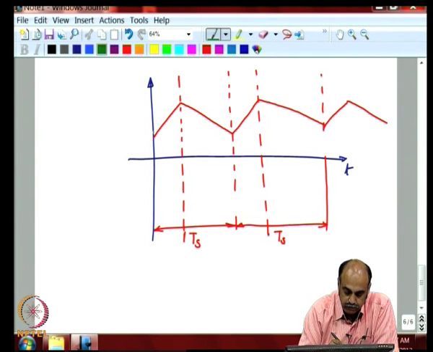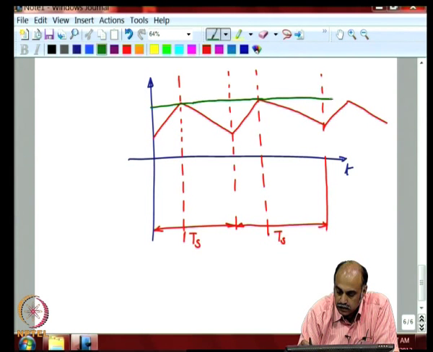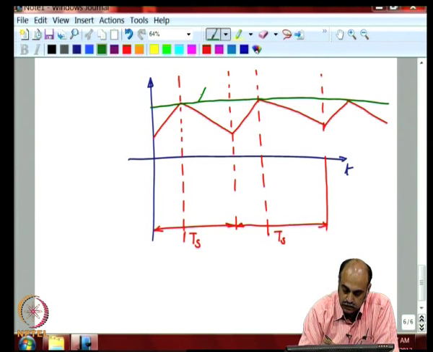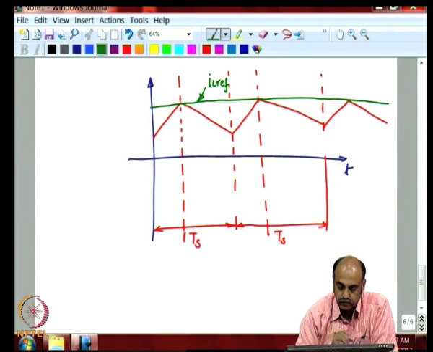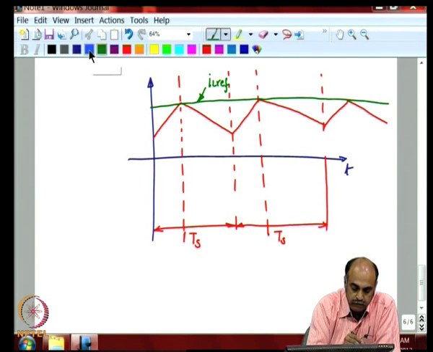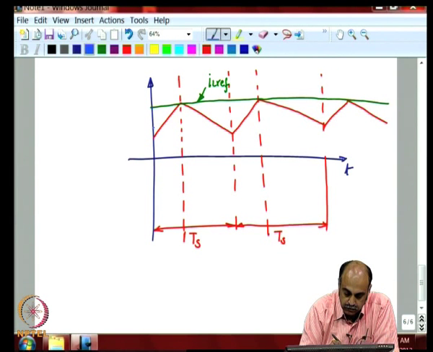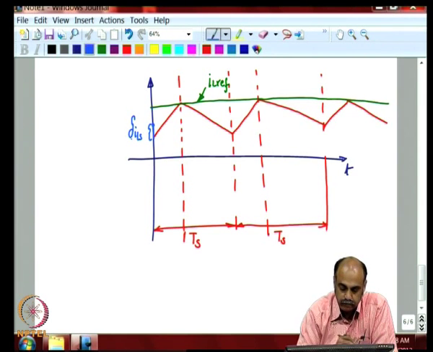Now, let us say the reference is set like this, IL reference, and now for some reason, the perturbation has occurred here.